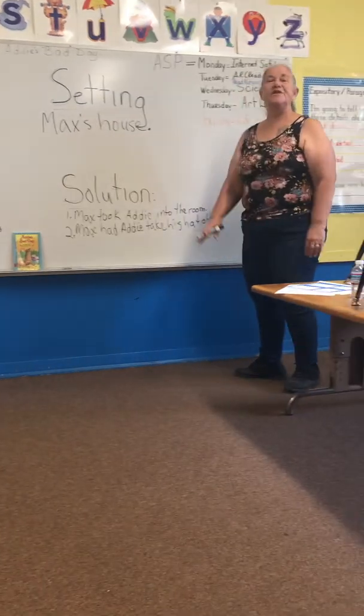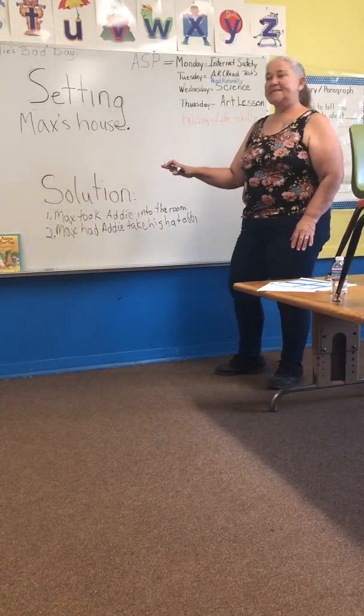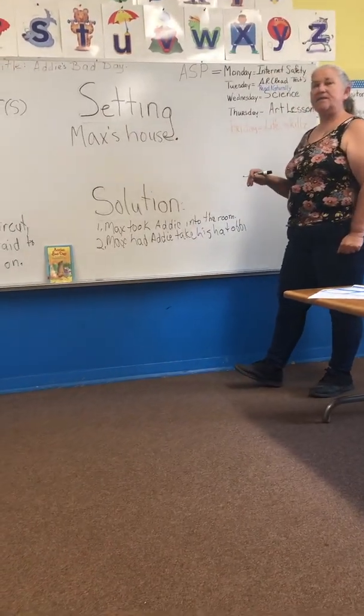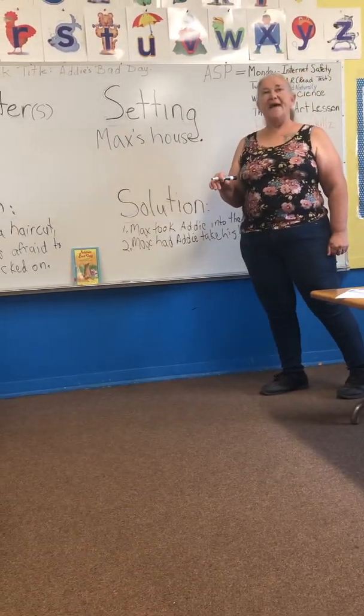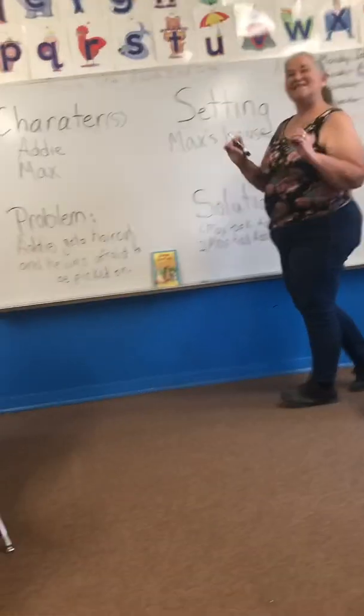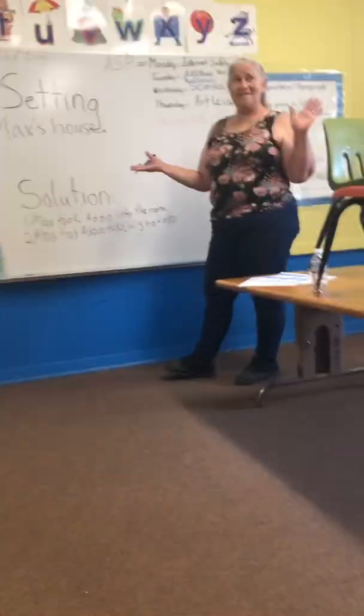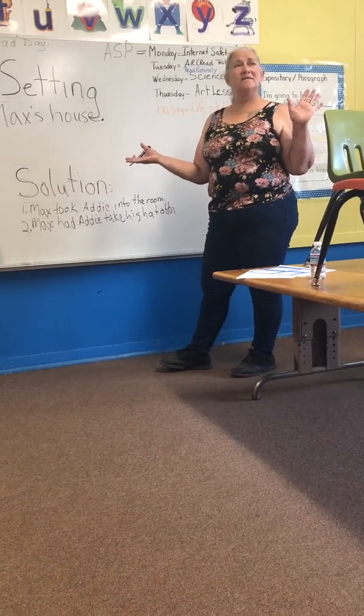And what was the solution after that? Does anybody know? What happened when Addie took off his hat? Correct. Addie's hair was still longer than Max's. Therefore, there was nothing to be embarrassed about, correct?